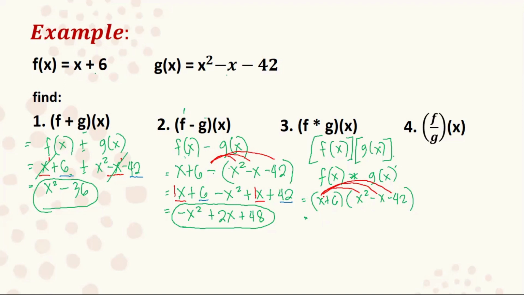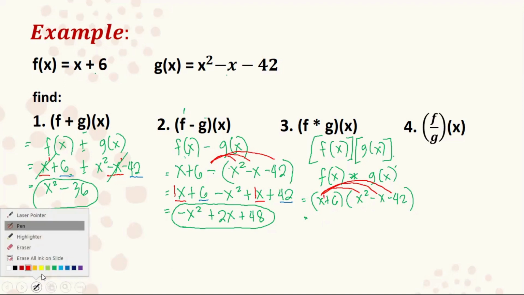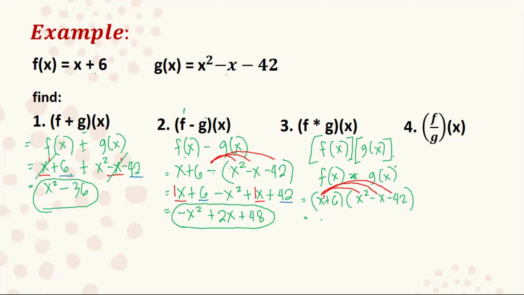So as I told you before, there is an exponent here, which is 1. So 1 plus 2 is 3. So we get x cubed. Next, x times negative x. Unlike sign, so we get here negative x squared. Then x times negative 42 is negative 42x.